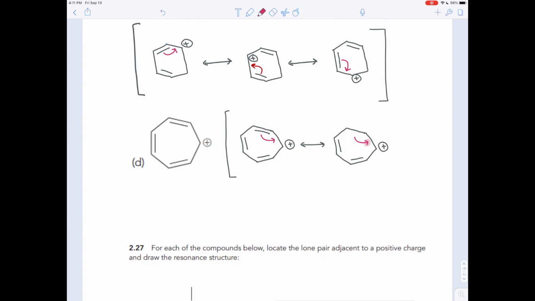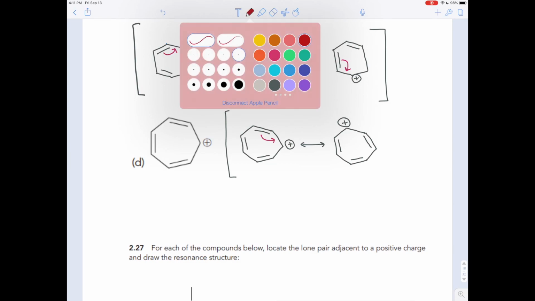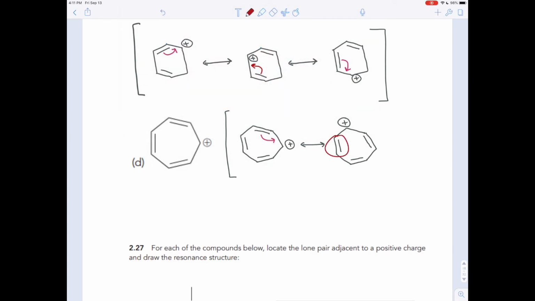And anywhere where you have the head of an arrow, the electrons are going to be arriving there, so you draw those in. If you go through drawing all the hydrogens and using the formal charges, you'll see that this positive charge isn't there anymore, and that it reappears here. And so now that positive charge is allylic to a new double bond, this double bond here. It's also allylic to this, but if this moves back, you just end up with your original structure.